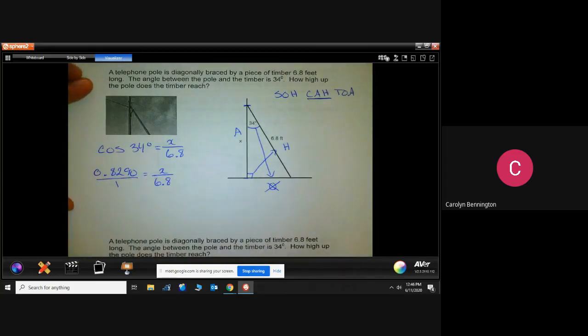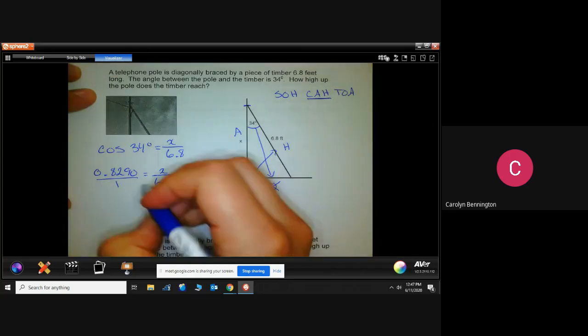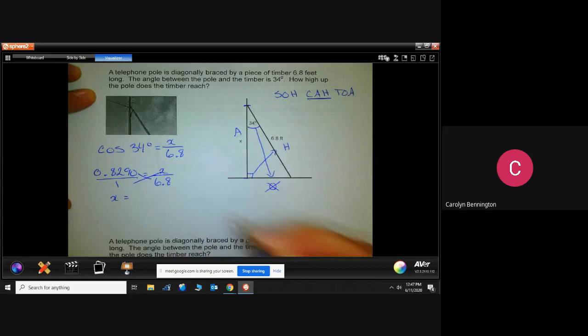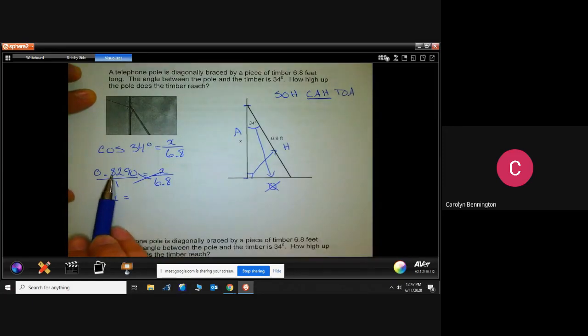We're going to put a 1 underneath of our decimal, and then we're going to cross multiply. So we'll have 1 times x is x, and then we'll multiply 0.8290 times 6.8.